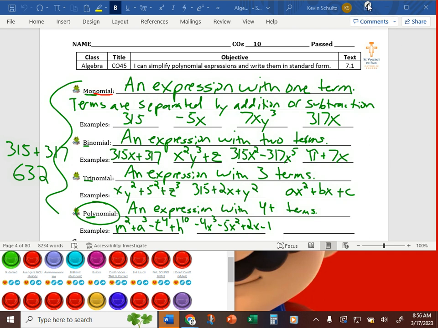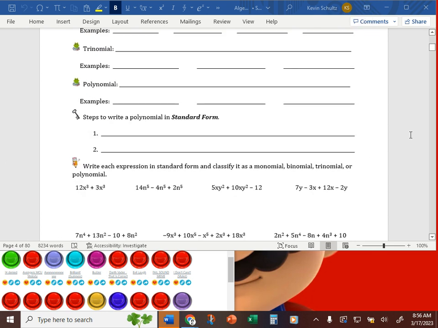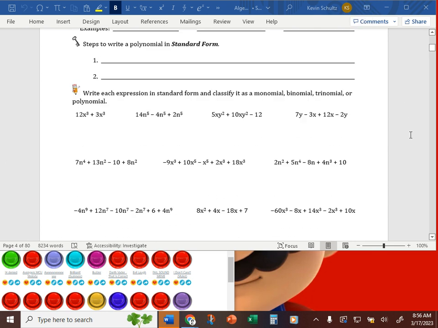All right, going on down the page, we talk about standard form. This is the correct way to write a polynomial. First, you want to combine all like terms. Combine any like terms. That looks like Thames, we'll fix it.